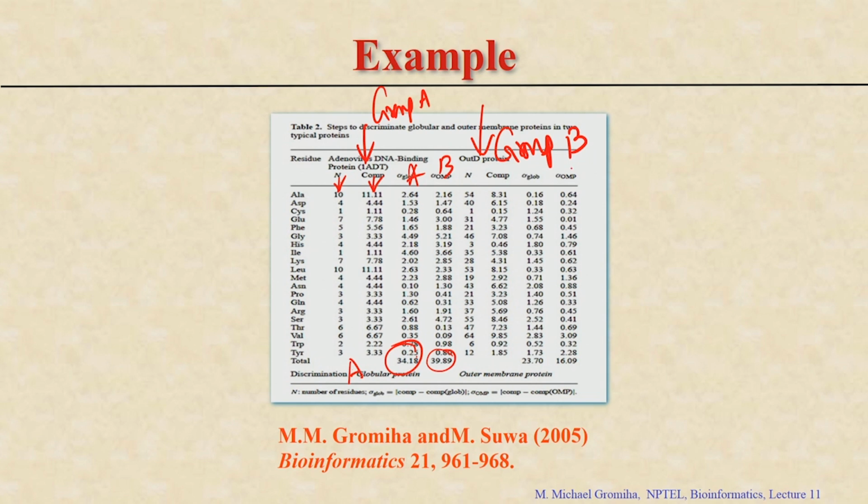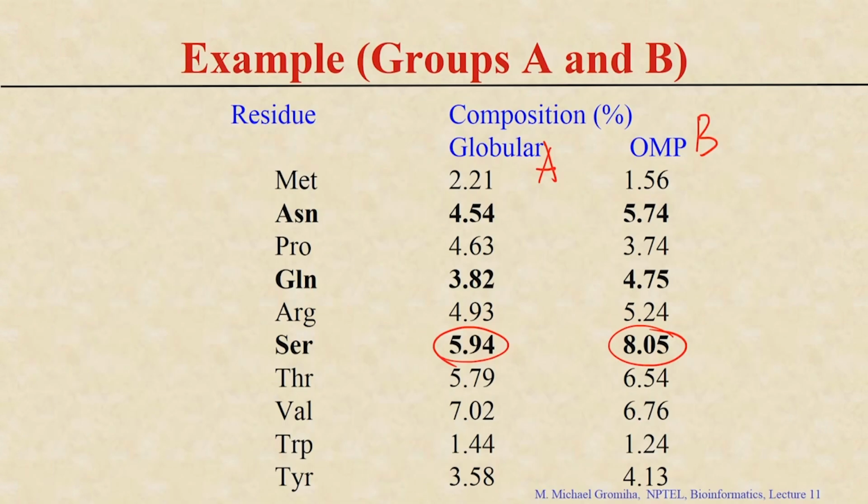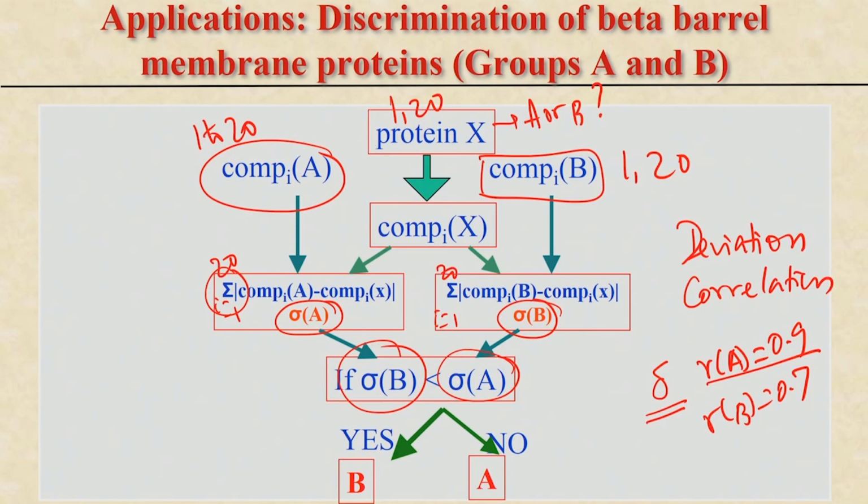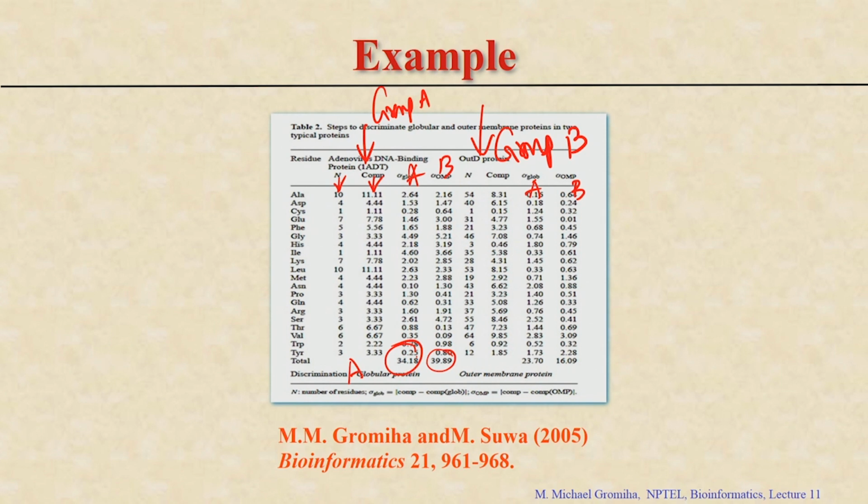Then take the example of group B. Here also we have calculated the N. From N you can get the composition, and here you can see this A, this B, get the deviation. The original values we have here, these are original values. You take the composition and subtract from either A or B for the 20 residues. So, 8.47 is here and you can see this is 8.31. So, the difference is 0.16, for the other case it is 0.64.